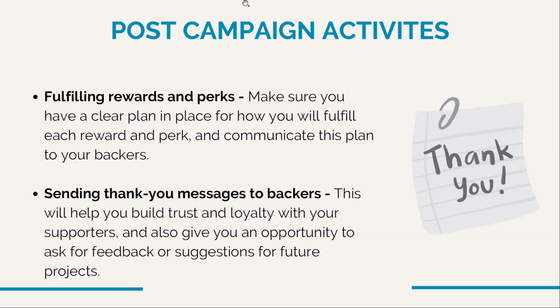Sometimes things do happen and we come across delays. That is okay. Make sure that you communicate to them and let them know that yes, we had communicated that your reward will be delivered in August, but we are experiencing a delay, and we estimate your reward to be delivered in, let's say, September.